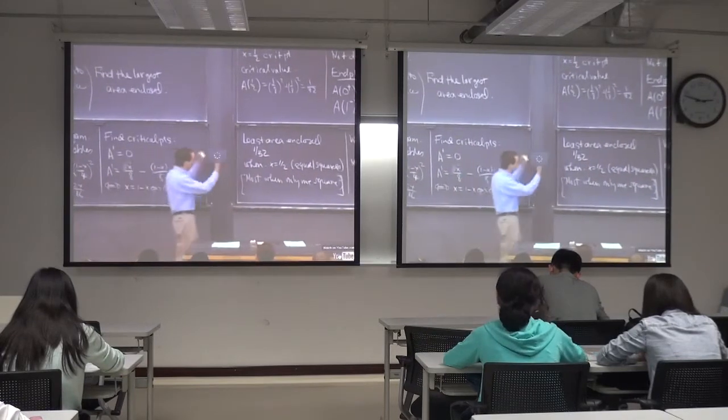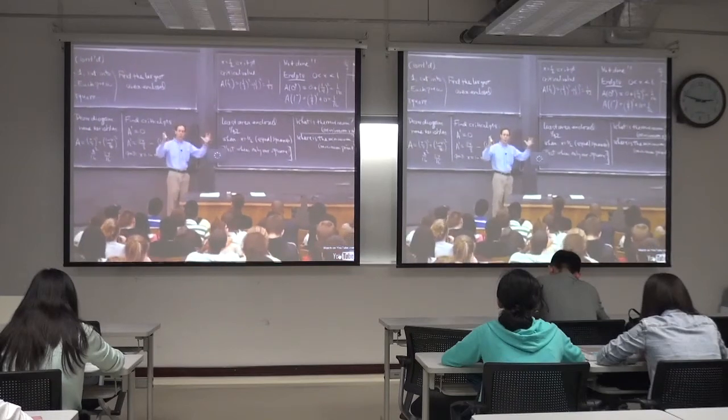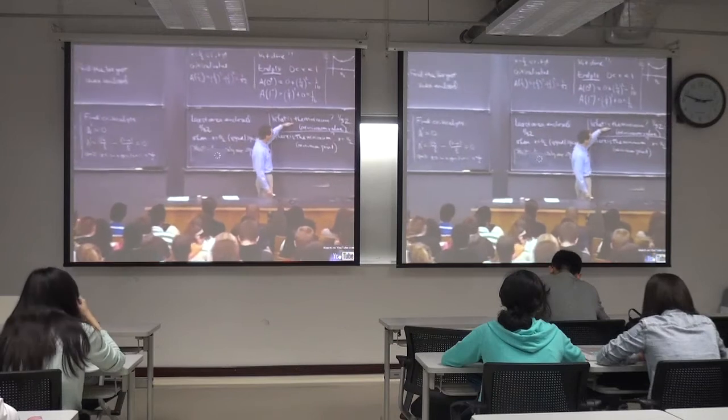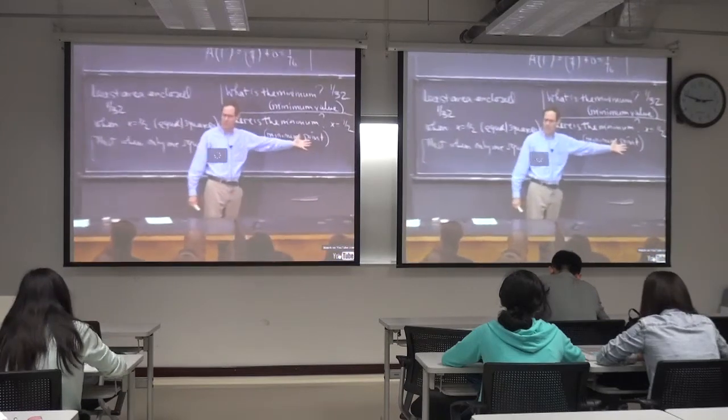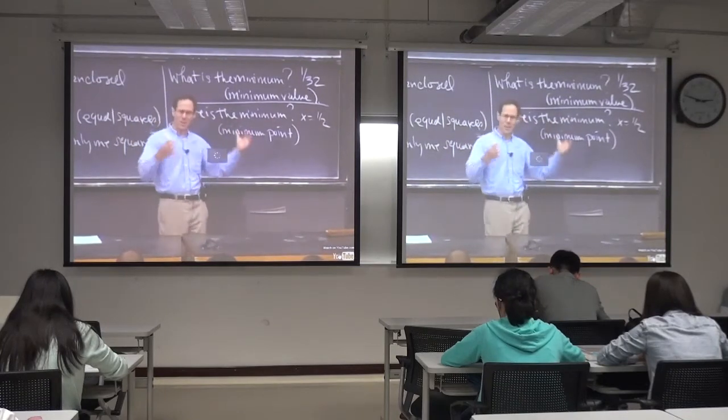Now, both questions are important to answer. You just need to have a word to put there. So this is a little bit careless. When we say what is the minimum, some people will say half. And that's literally wrong. They know what they mean, but it's just wrong.